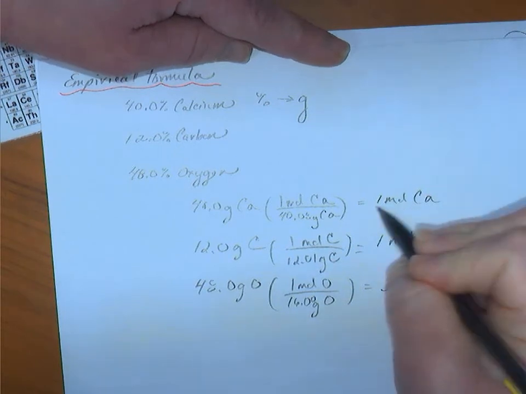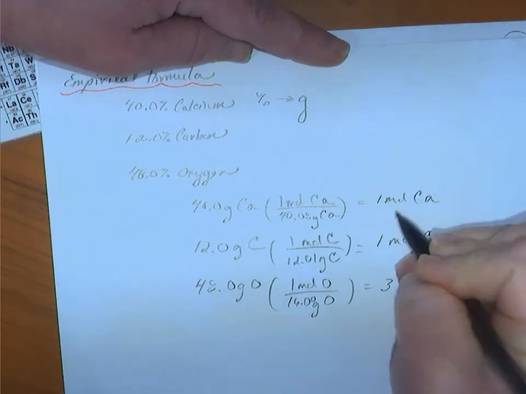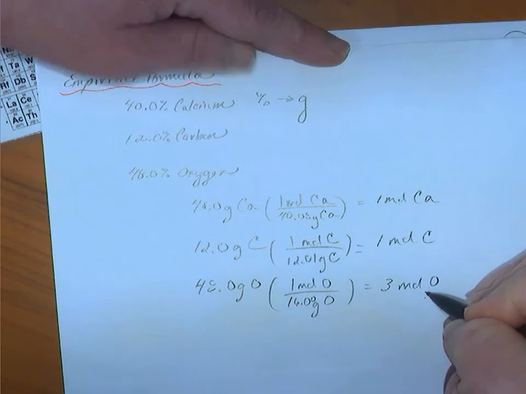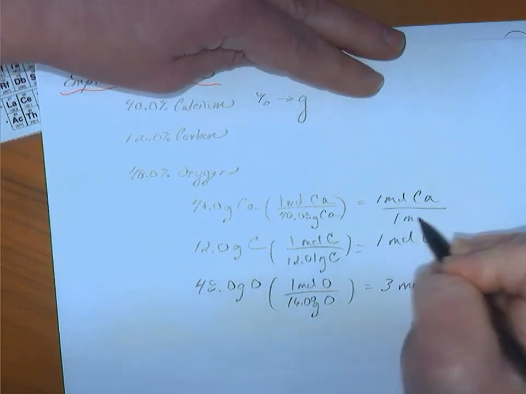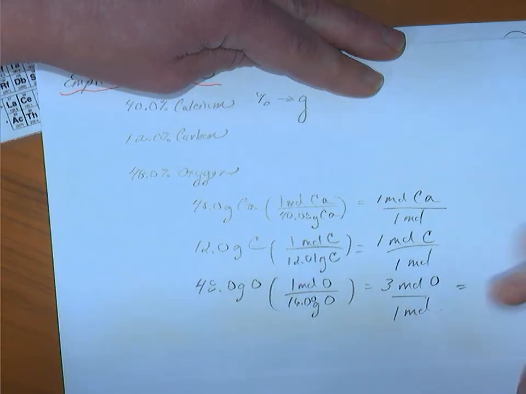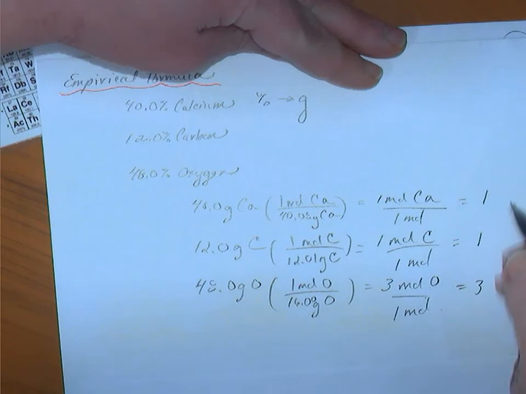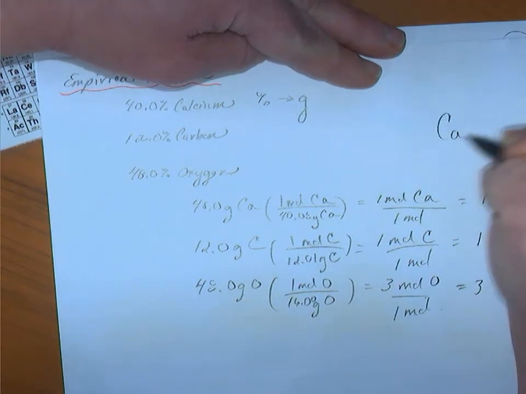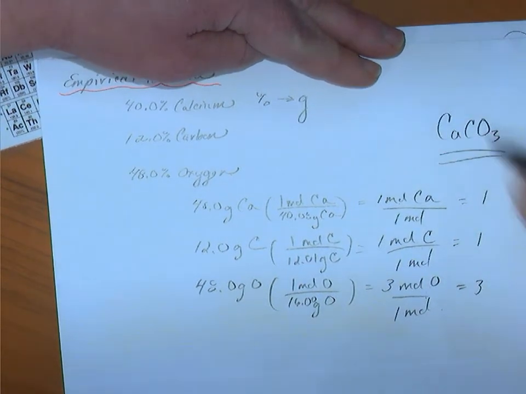Now, usually these are fractions, and what I'll need to do is choose the smallest amount, divide each of those by the smallest amount, and then that actually forces these into what would be the subscripts. And so calcium carbonate is our formula here.